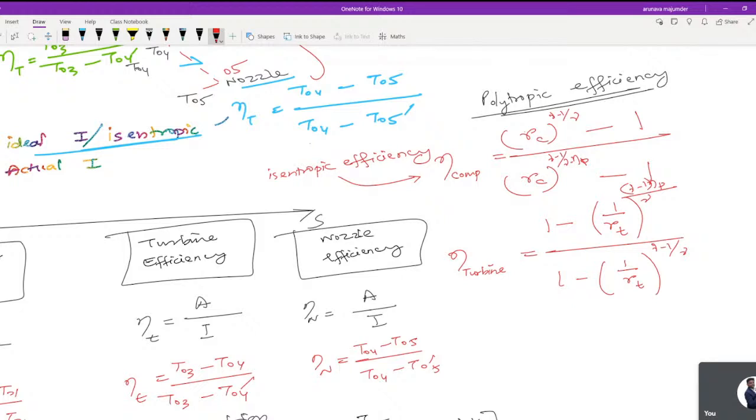So all those things we have cleared. And talking about the velocity triangle, do not skip it. Solving the velocity triangle for the axial compressor, the centrifugal compressor, and then the turbine, they have very unique relations.